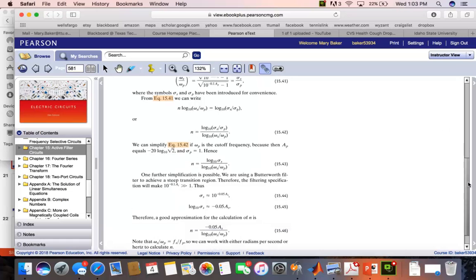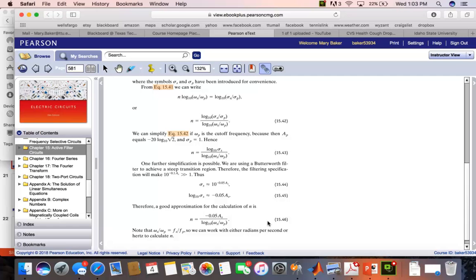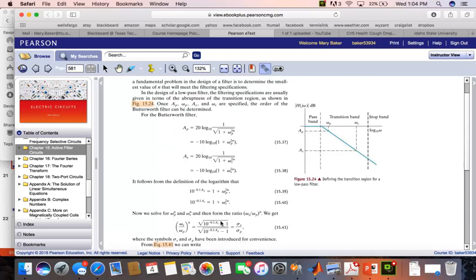So after that's all said and done, assuming you have a fairly high order filter, a good approximation for the order that you need is minus 0.5 AS divided by the log base 10 of the ratio between omega S and omega P. And note that it doesn't matter if this is in radians per second or hertz, because once you divide it, it's unitless.